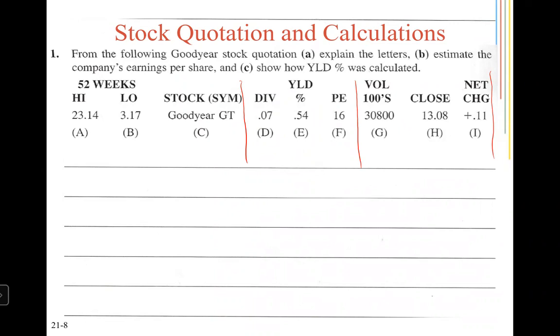Just tell me what D, E, and F are referring to. The dividends is the amount that Goodyear paid to the shareholders. Okay. How much did they pay this particular time? 0.7 cent. Well, it wouldn't be 0.7 cents.